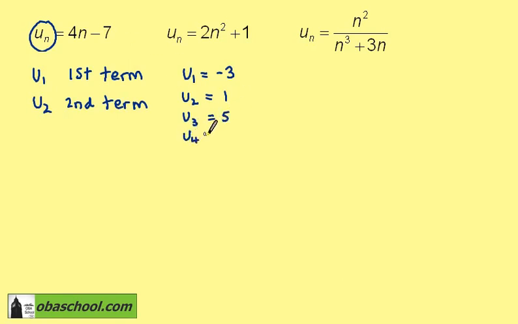And for u4, we'd get 4 times 4, take away 7, which is 9. The sequence therefore would be minus 3, 1, 5, 9, and so on.